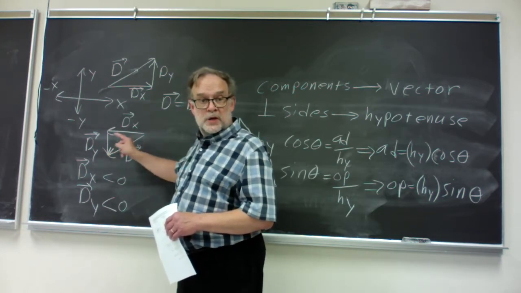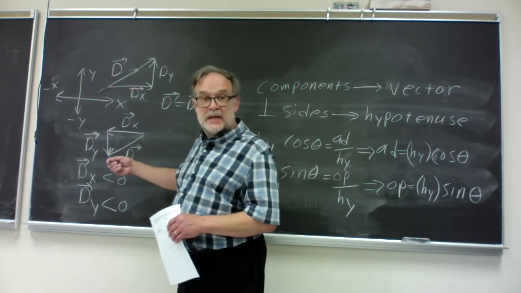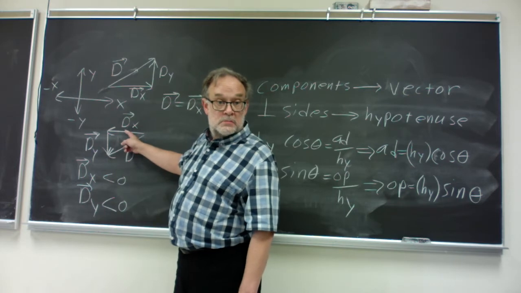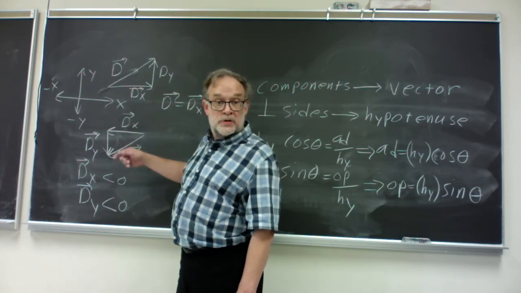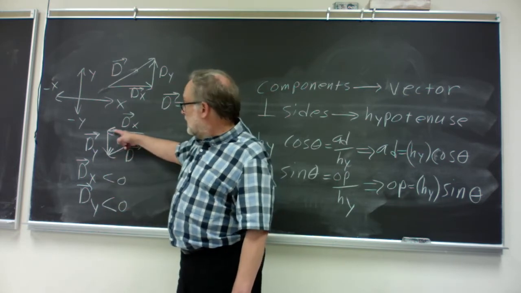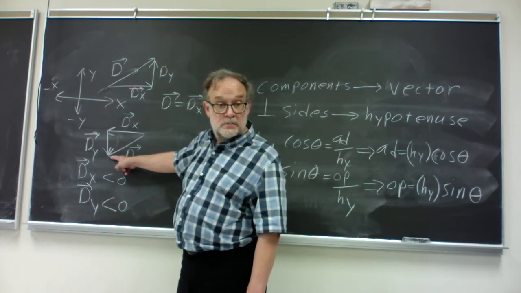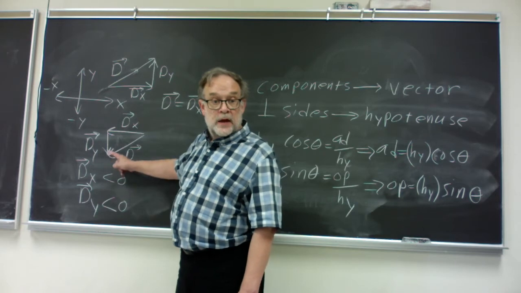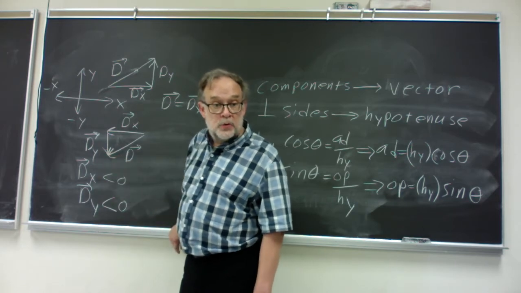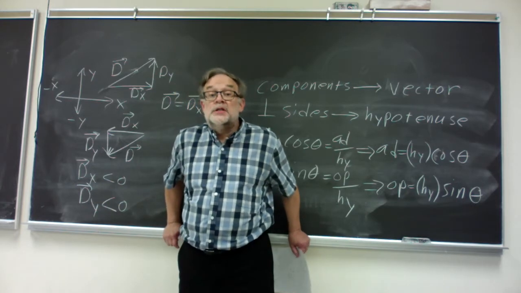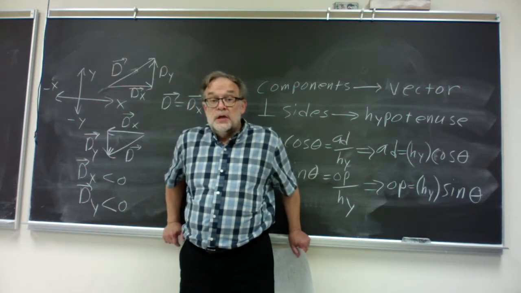But of course, going from here to here, that's a displacement in the negative x direction, so the actual value of this x component of displacement will be negative. And then moving from here to here, again, that's in the negative y direction. So the value of dy, the value of the y component of d, will also be negative. Moral of the story is you need to pay close attention to the signs of components of vectors.